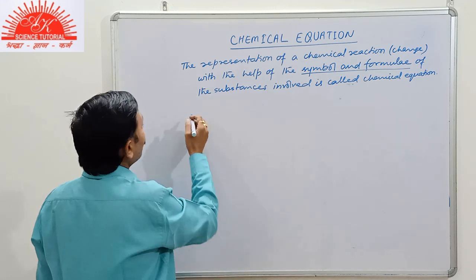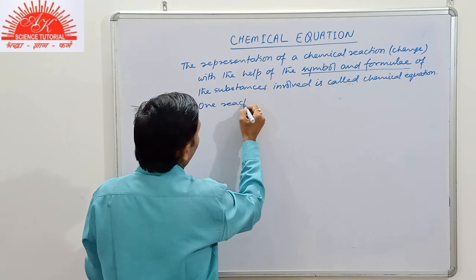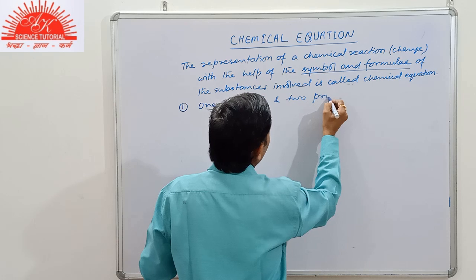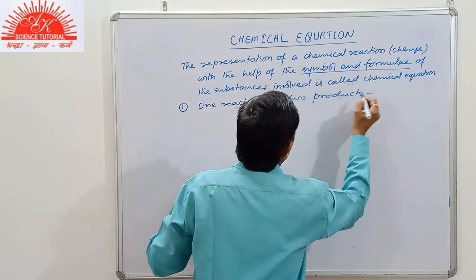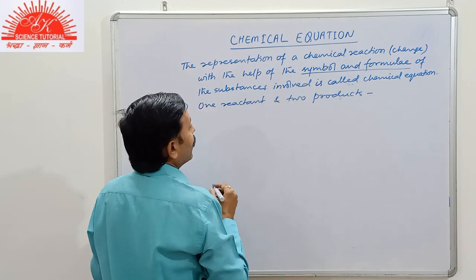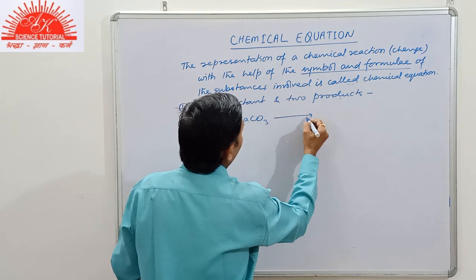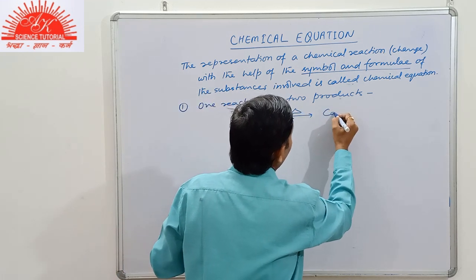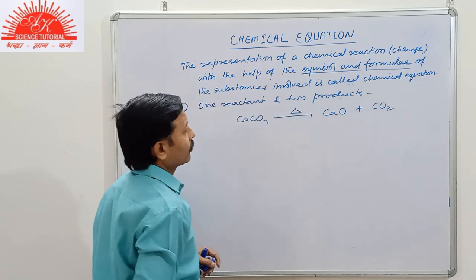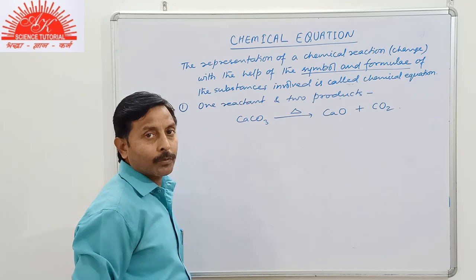First, one reactant and two products. Suppose we take calcium carbonate. If it is heated, it gives calcium oxide plus CO2. Now here there is one reactant and two products.